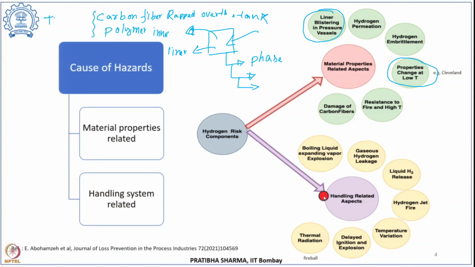You have studied the type 4 tank. Sometimes what happens, the inner polymer may absorb the hydrogen, and the polymeric strength will be reduced, and it can cause failure.